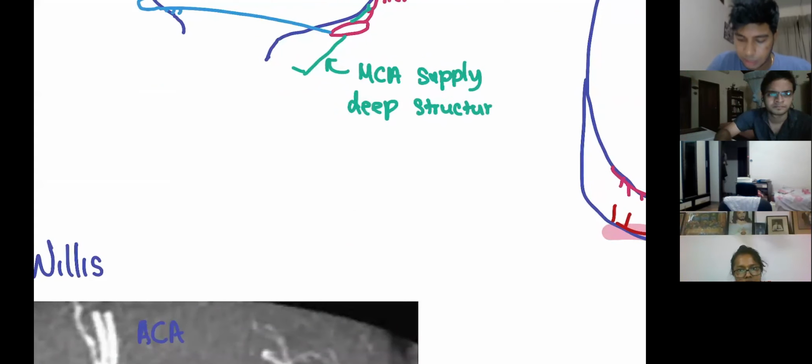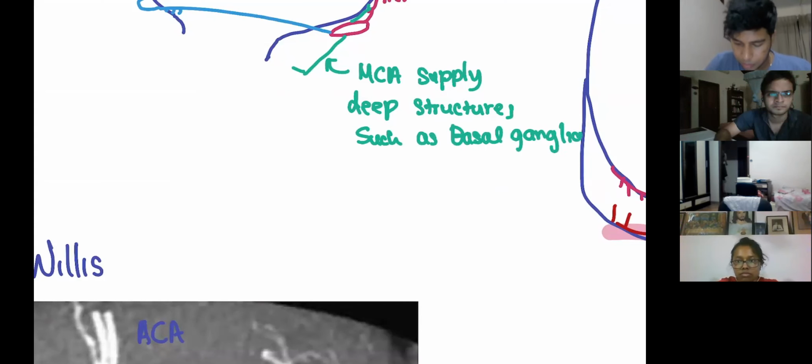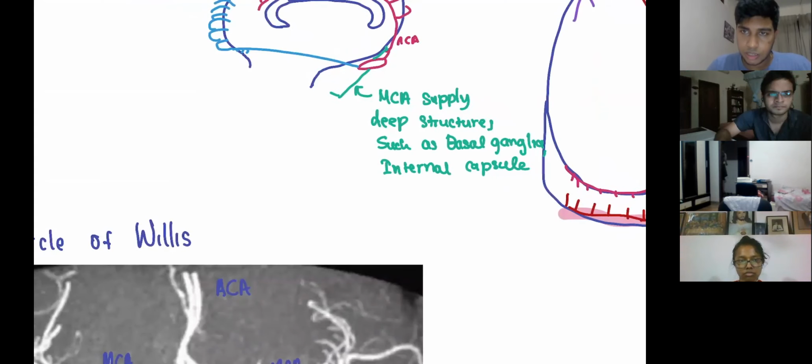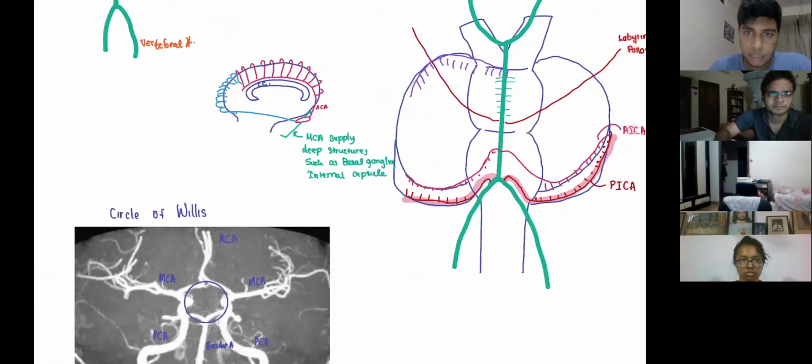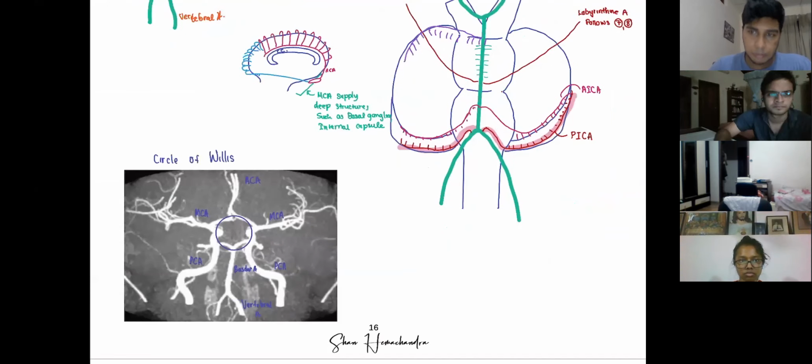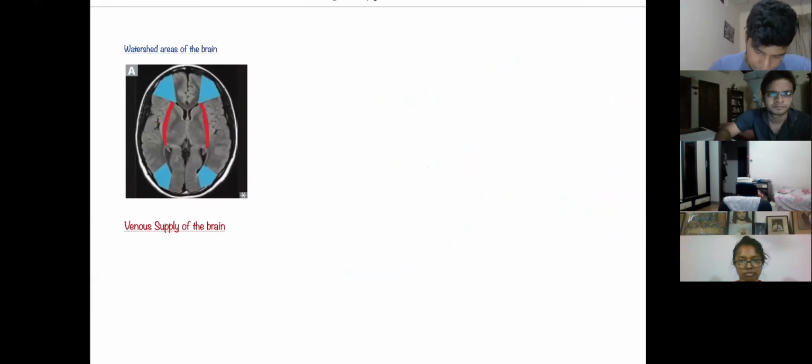Remember, it pierces through the brain, such as the basal ganglia and internal capsule. Why is this important? Because in a stroke, you need to be able to tell which artery was supplied based on the symptoms the person has.